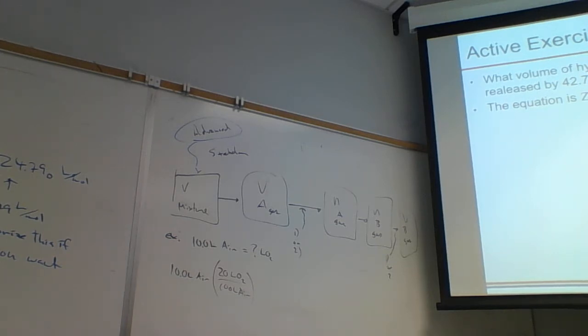Laboratory conditions are going to have pressure. Normal laboratory conditions used to be 1 atmosphere, but now we're using 1 bar. An atmosphere and a bar are very close, not a huge difference. The answer is going to be close whether you use bar or atmosphere. But let's see.